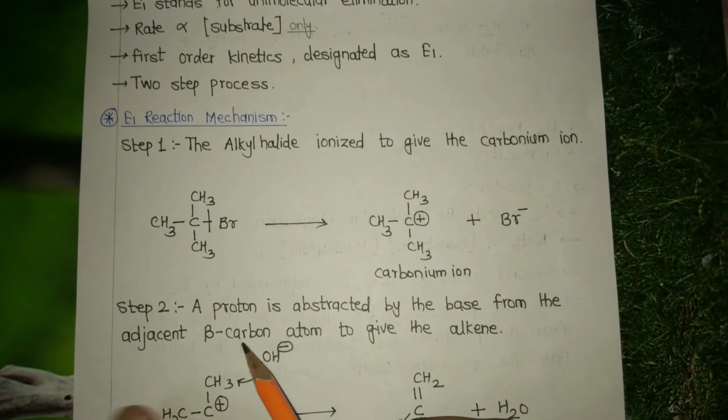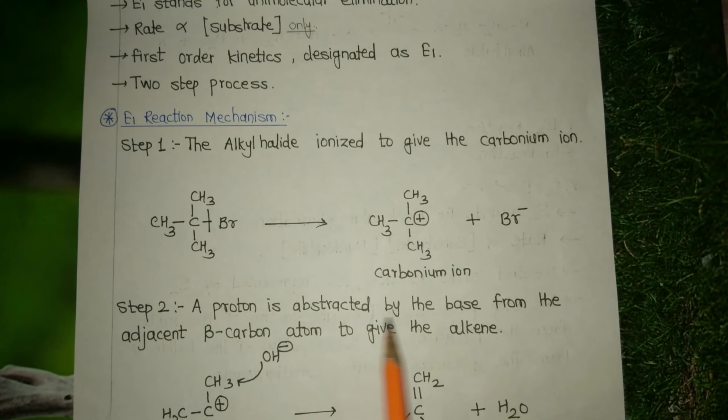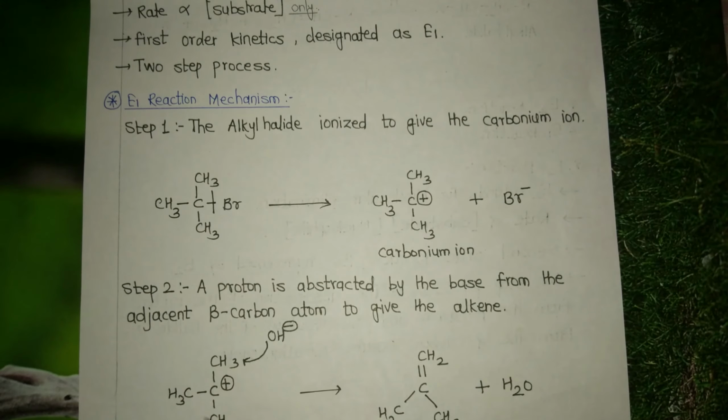And in the other step, that is step 2, a proton is abstracted by the base from the adjacent beta carbon atom to give an alkene. Means these are all the beta carbons, and this is the alpha carbon.